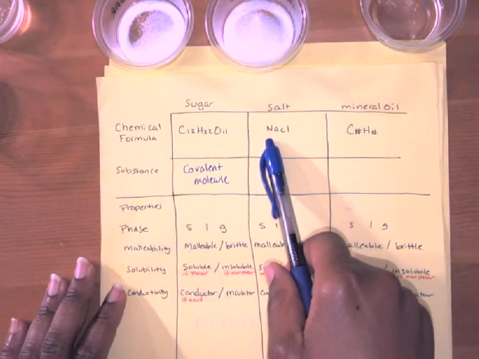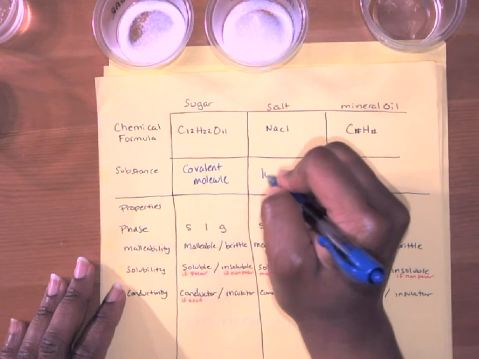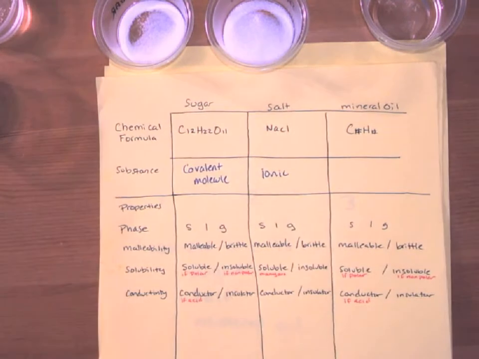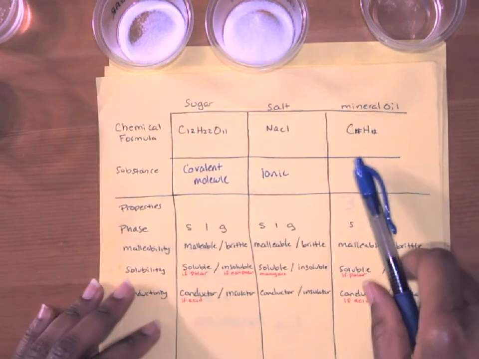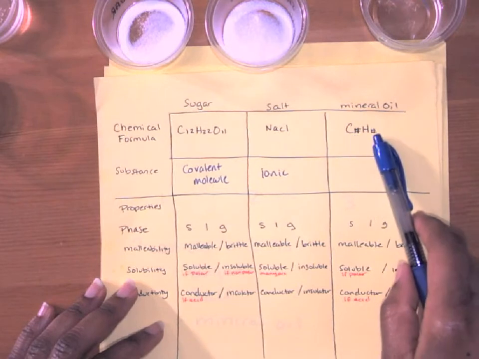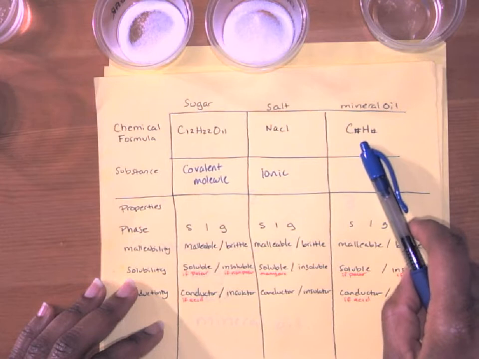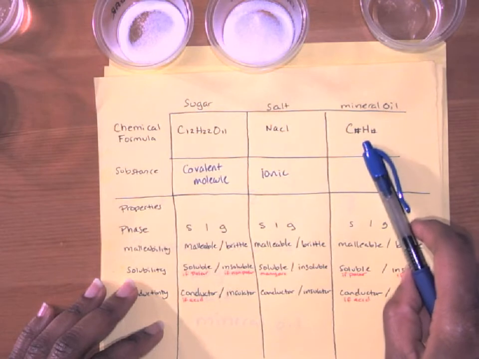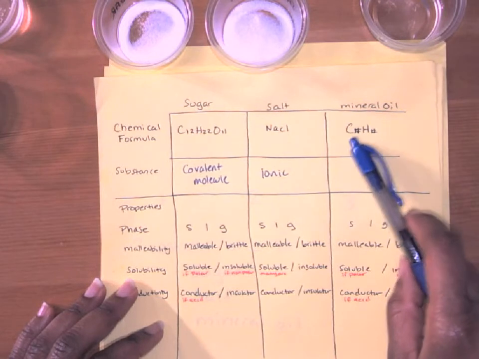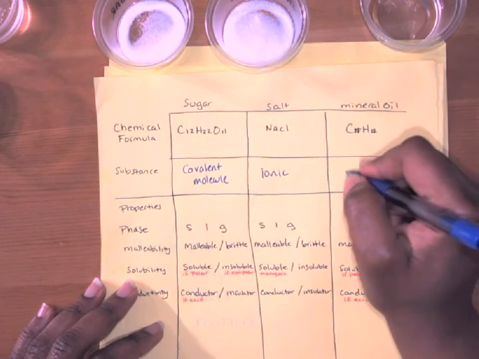So when a substance has a metal and a nonmetal, that's ionic. The last one, mineral oil, is made up of just carbon and hydrogen, and these hashtags are just representing some numbers because the number of carbons and hydrogens can vary in mineral oil, but these are both just nonmetals, so that of course will make a covalent molecule.